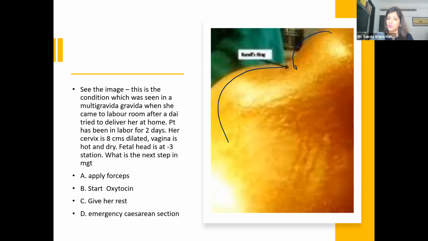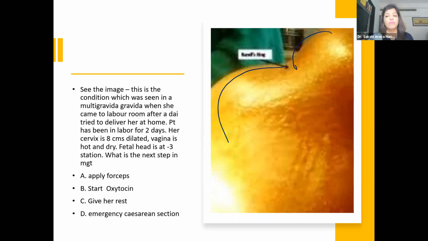So imagine a uterus in which the upper part is very tensed, very rigid, and very thick, and the lower part of the uterus is just dilated, right, and relaxed. So there will be a distinction which can be seen as well as felt per abdominally, and this is what is Bandel's ring.